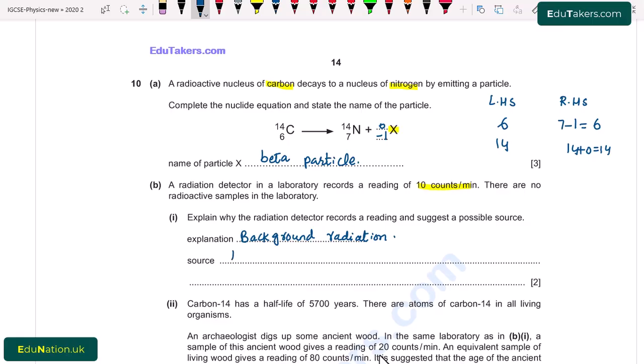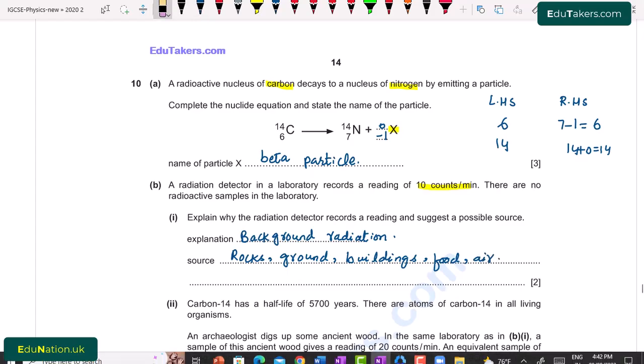Sources are rocks, ground, buildings, food, air, etc.